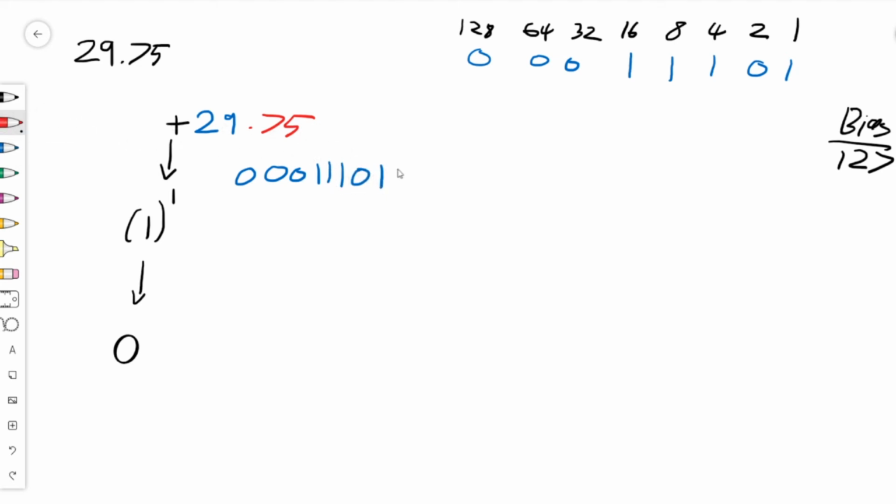Next, we need to work out 0.75 in binary, so let's do that. 0.75 in binary is 1, 1. And now we're going to represent this as times 2 to the power of 0.